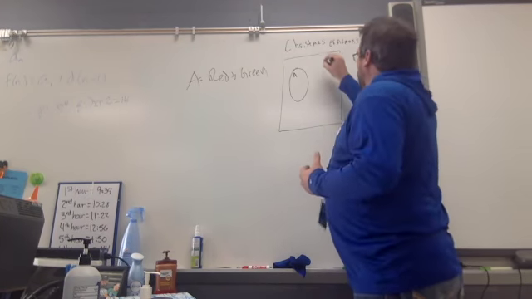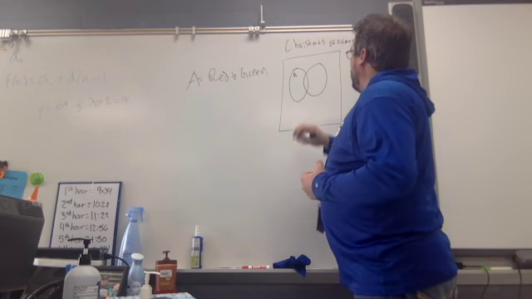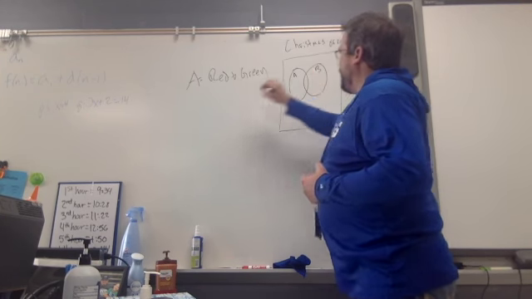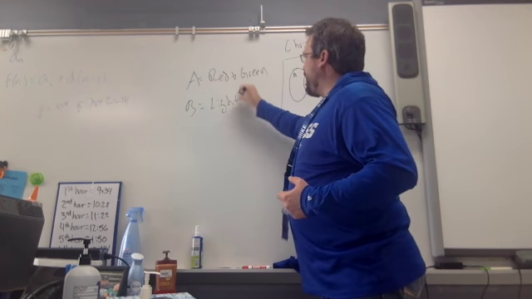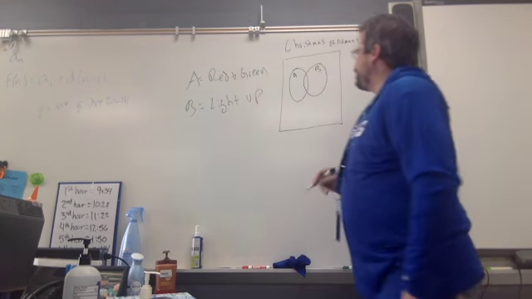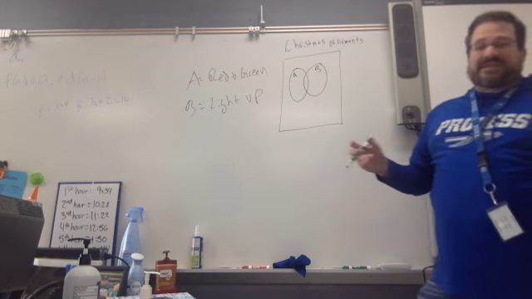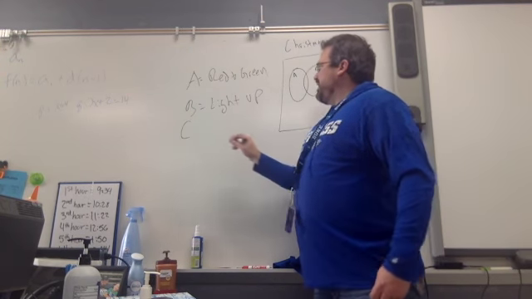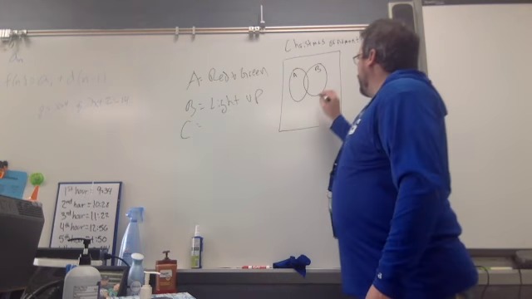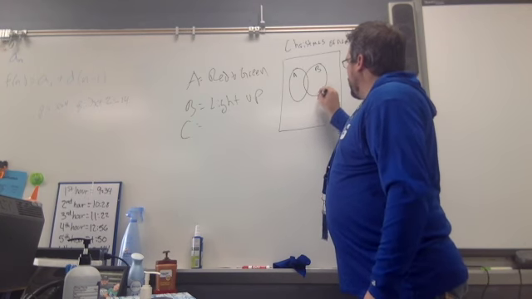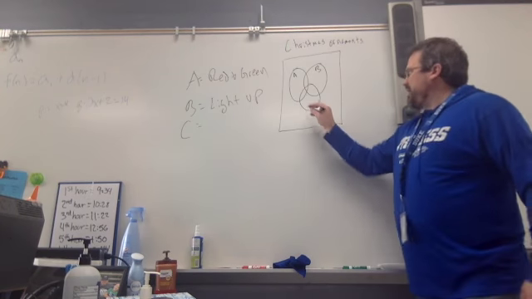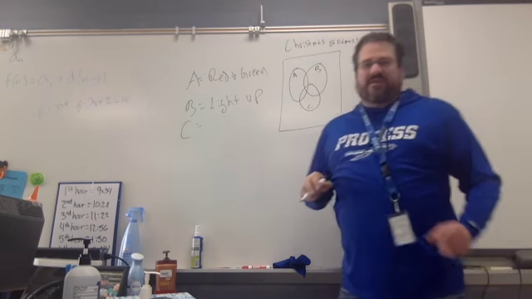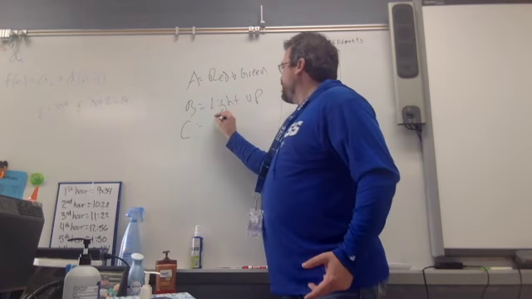Okay, so we'll draw that circle right here, and that'll be set B, and set B equals the ornaments that light up. Okay, and then C is the set of, we'll do that right here. And C can be the set of all the ornaments that maybe are shaped like snowflakes.